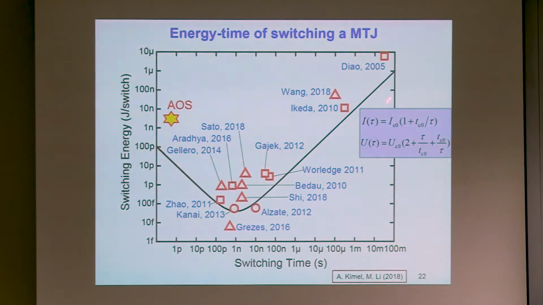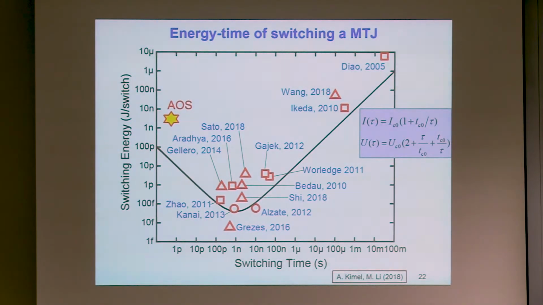So if you go too slow, you're consuming too much energy. And when you go faster, you have an energy penalty. But the sweet spot seems to be on the order of 1 nanosecond to 100 picoseconds, and that consumes about 100 femtojoules per switching energy, right?